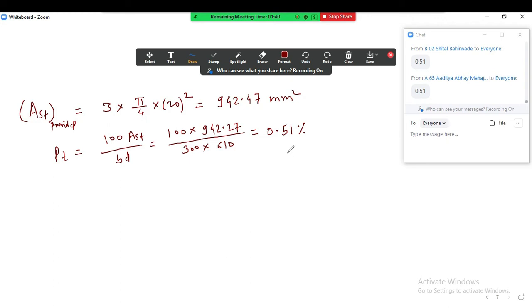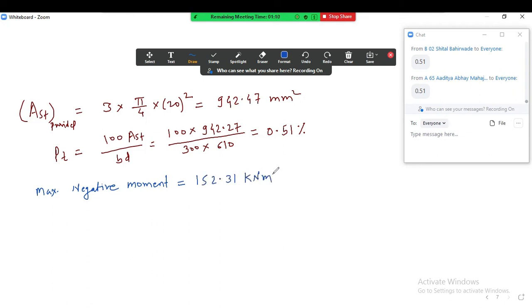Okay. So now calculate similarly the steel for the maximum negative moment. What is the maximum negative moment? That is the hogging moment. So the maximum negative moment is 152.31 kilonewton meter.